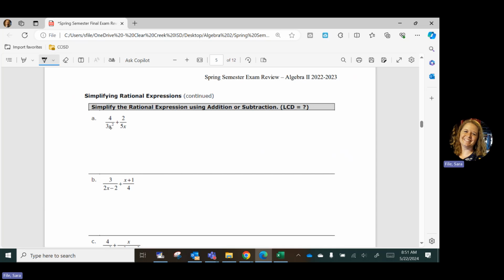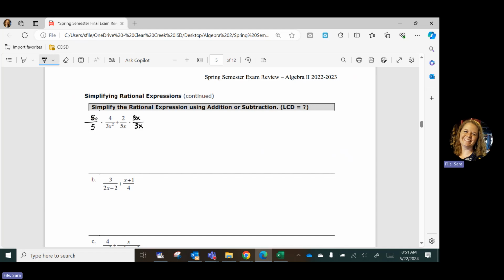So I can see here, you have to multiply the denominators by each other or by something to turn them into the same. So the 3 will have to get multiplied by 5, and the 5 will have to get multiplied by 3. And then the x's, this one has an x, this one has x squared. So we need another x over here to make it x squared. Now, what you multiply your denominator by, you have to also multiply your numerator by.